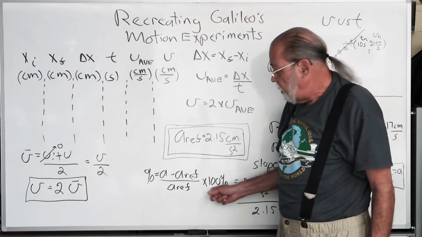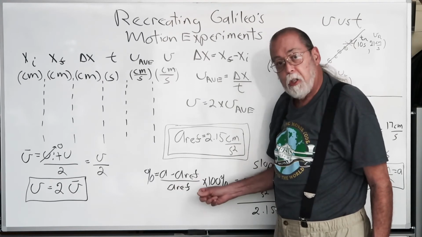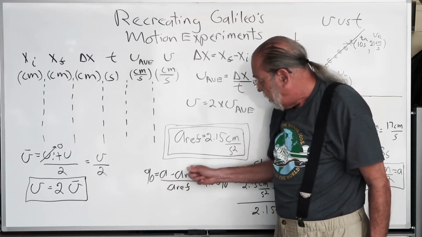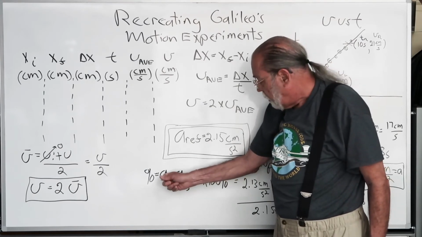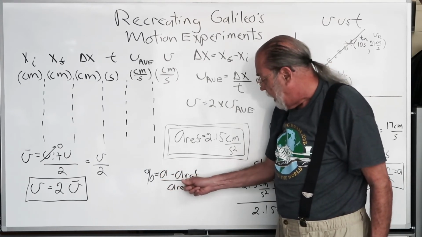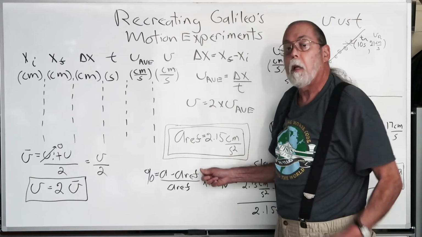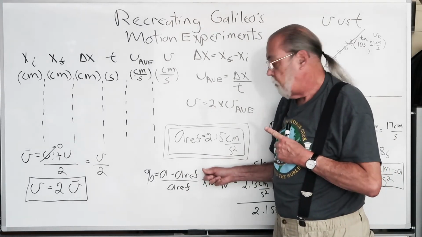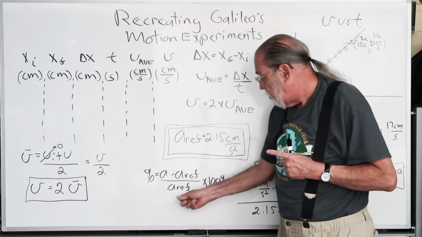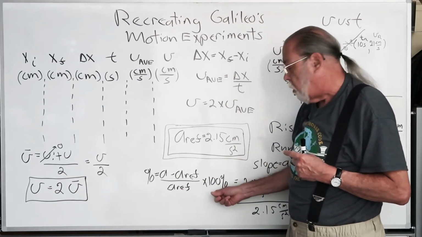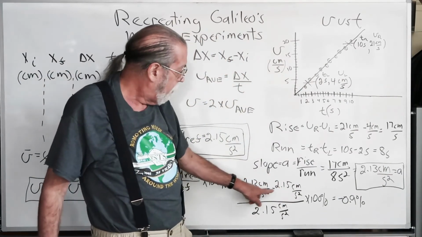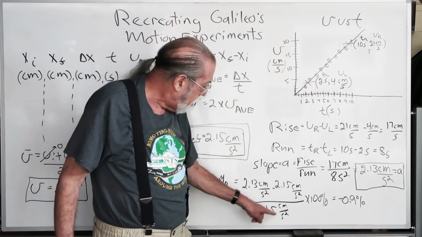You must be very careful when doing this calculation. When you enter this into your calculator, either put parentheses around the top, or you can hit A minus A reference and then hit the equal sign to complete that calculation, and then divide by the reference value and multiply by 100%.